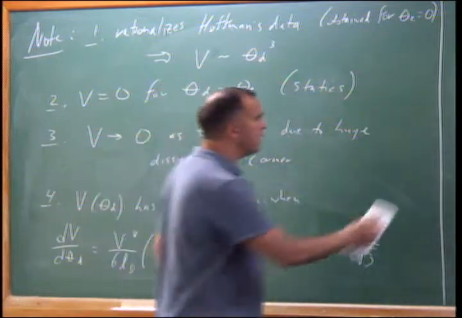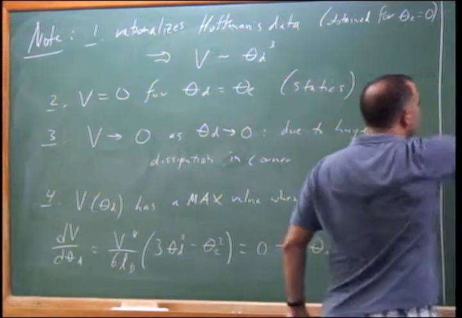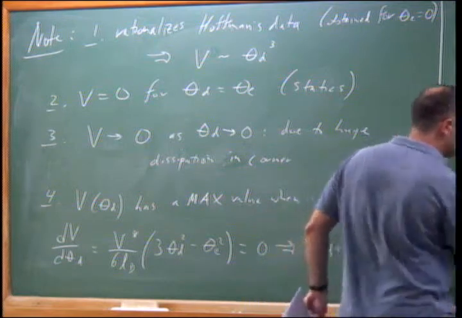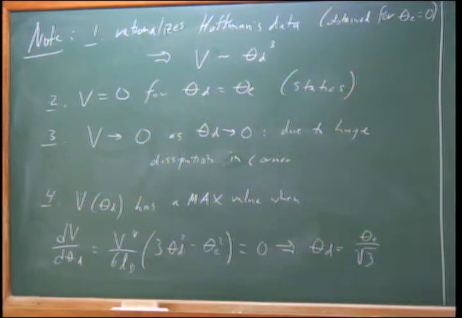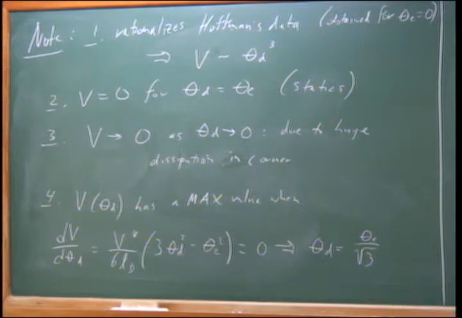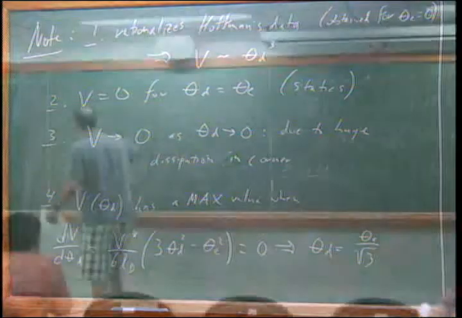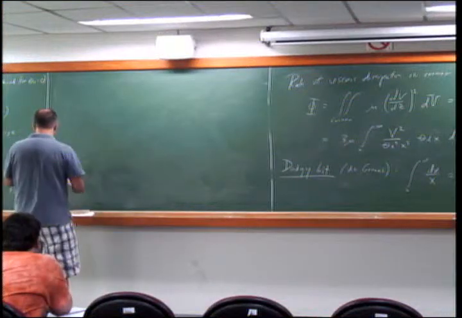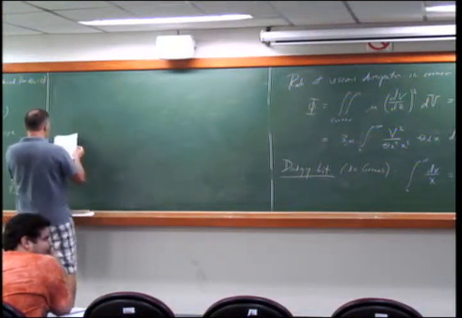You can then evaluate the associated maximum speed. And then we can go back and see how this compares to the very first plot we showed of theta D versus V.